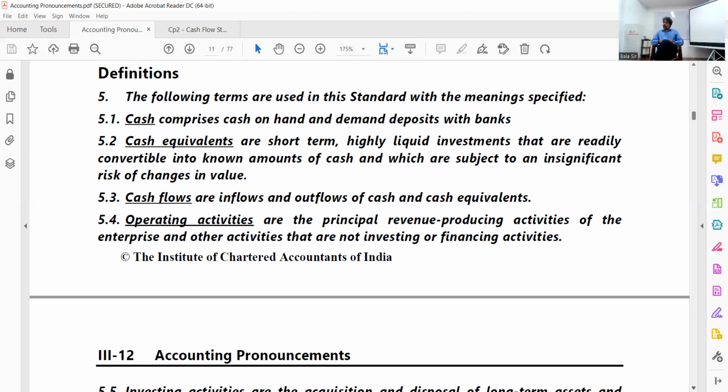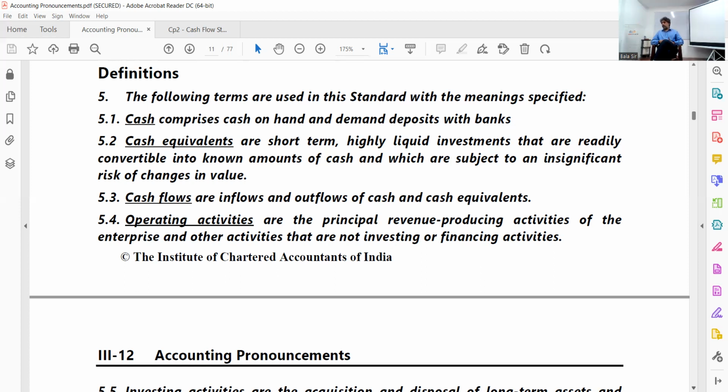Now, should I say that purchase means minus, disposal plus, and interest received is a plus? No need. I'd be insulting your intelligence, and you might feel insulted and walk away from the class. So you should know what is inflow and what is outflow, right?